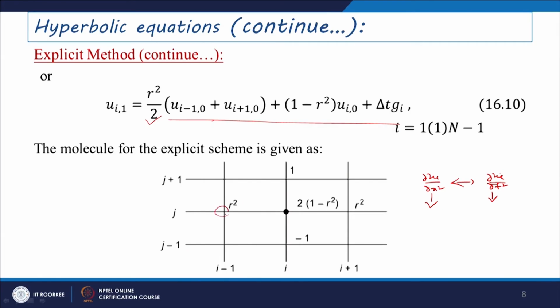So, this coefficient is taking r square here, 2 into 1 minus r square, this is r square here, this is minus 1 here, this is 2 into 1 minus r square, this is 1 coefficient there. So, if you see, this is nothing but your u i j coefficient, i minus 1 j, i plus 1 j, this is nothing but u i j minus 1, u i j plus 1. So, this is the molecule, which can be formed from this equation here.